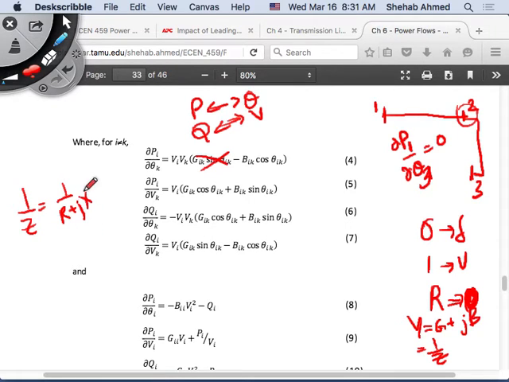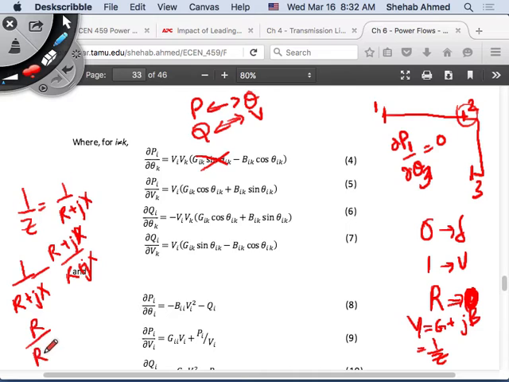If I multiply by R minus jX over R minus jX, what do I get? I get R minus jX over R squared plus X squared.